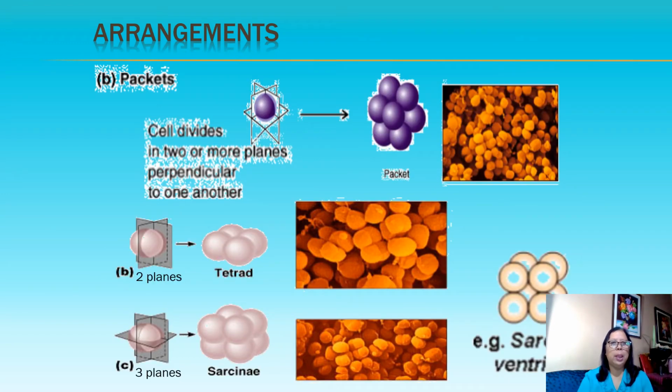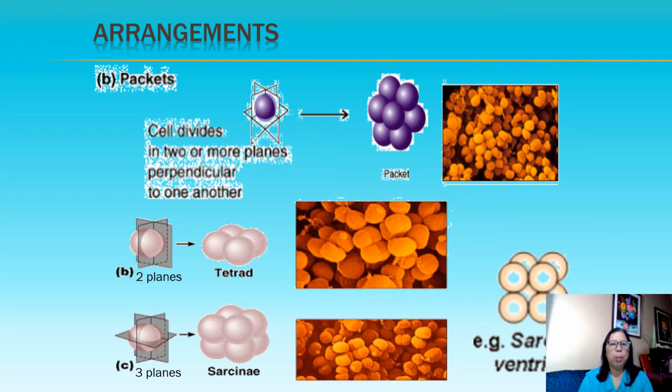Okay, some arrangement could be by packets, not necessarily in a cluster form, but arranged in symmetry. So this is by packet. If you divide this, you could see many organisms present.